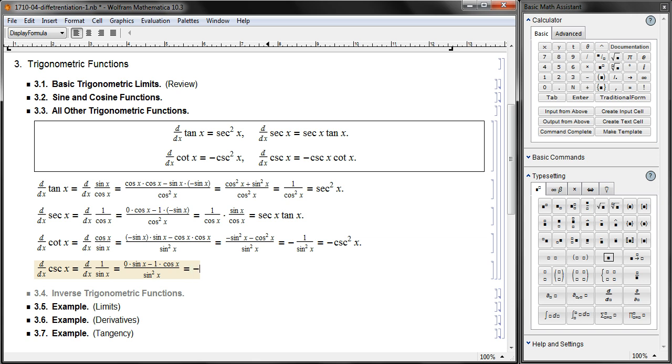So what do you get? Negative cosine of x over sine of x times 1 over sine of x again.